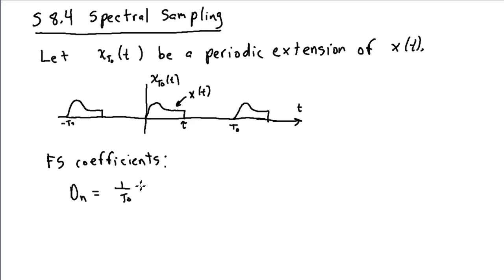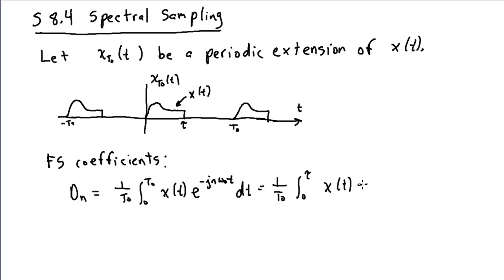It's 1 over T0 integral from 0 to T0 of x of t e to the minus j n omega 0 t dt, or since our x of t is of duration tau, the limits on our integral reduce to the region 0 to tau, x of t e to the minus j n omega 0 t dt, where omega 0, our fundamental frequency, is 2 pi over T0.